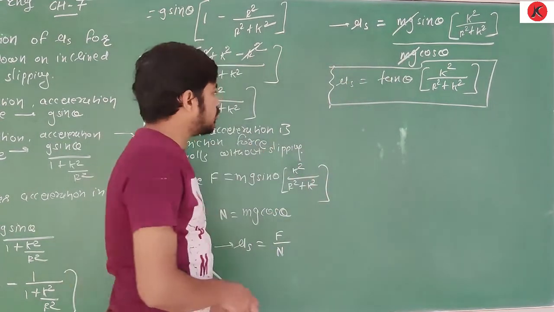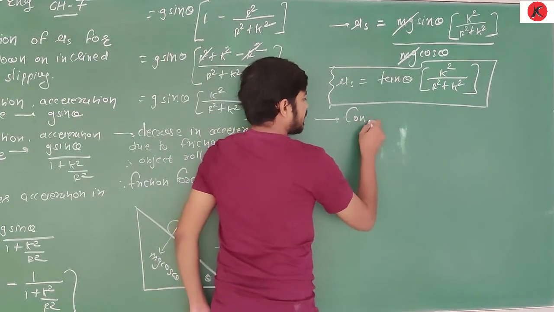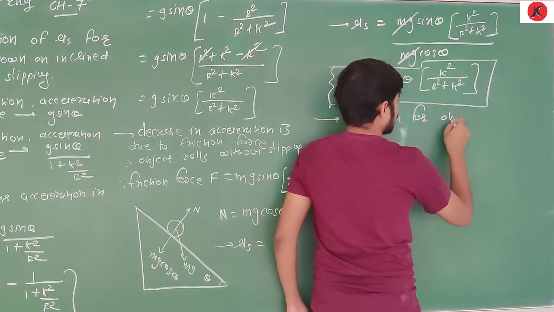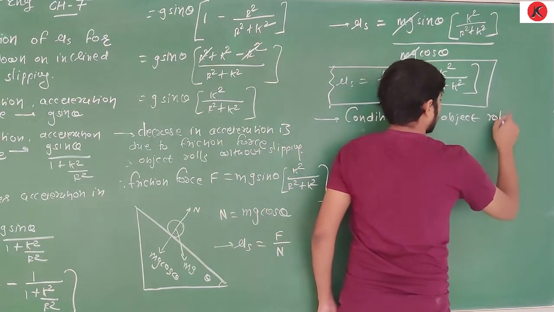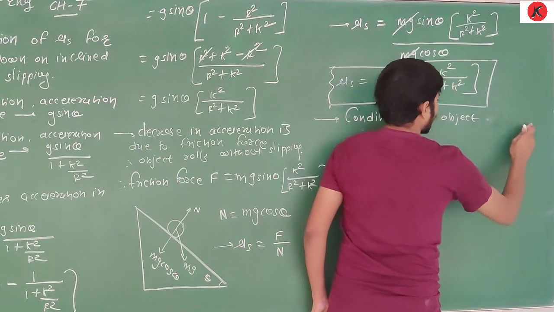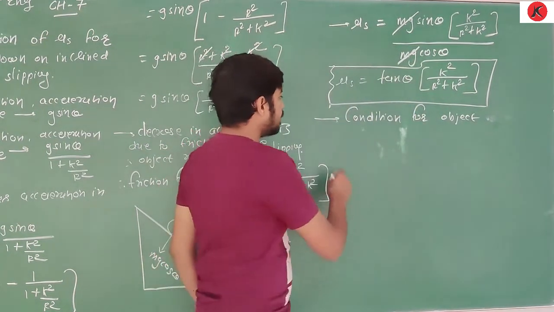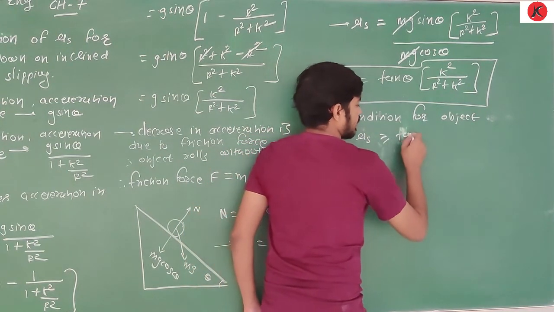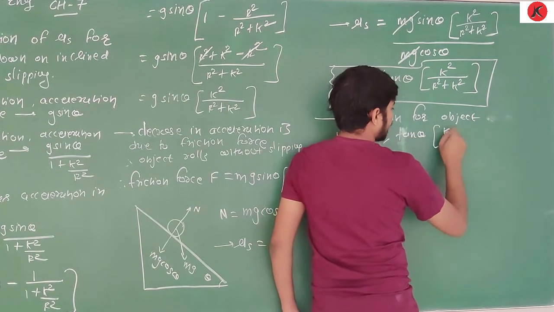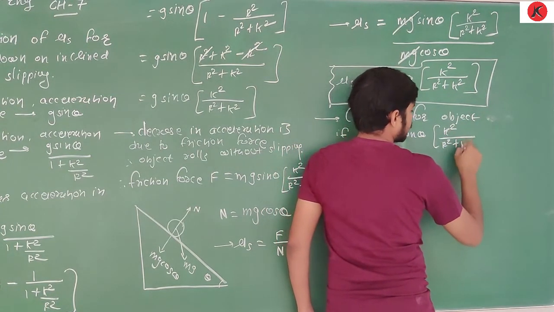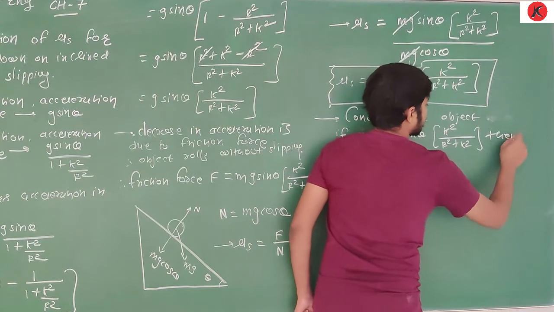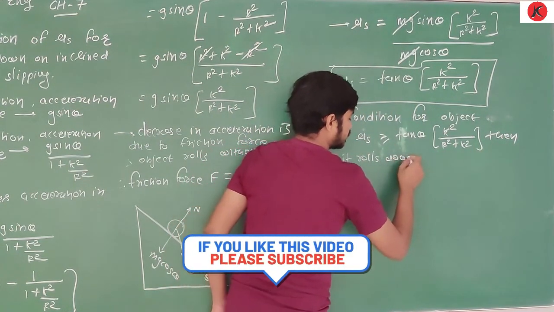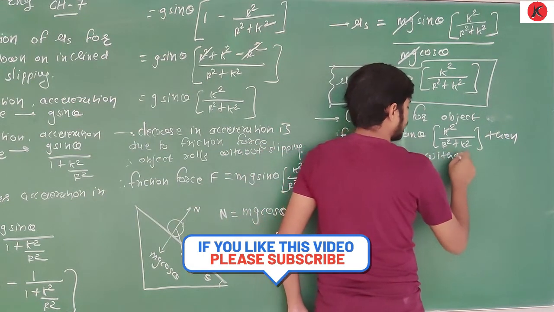And one condition you have to remember, the condition for the object: if mu s is greater than or equal to tan theta in bracket k square upon r square plus k square, then it rolls down without slipping.